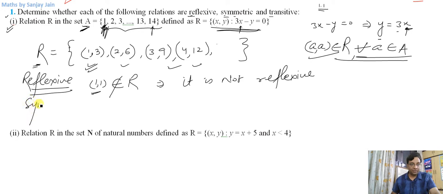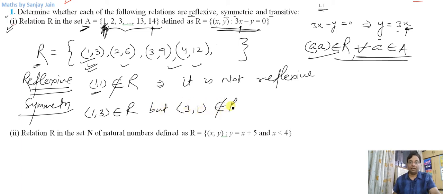What about symmetry? You see (1, 3) is present in relation R, or (1, 3) belongs to R, but (3, 1) doesn't belong to R, hence I can say it is not symmetric. Okay. What about transitive? Is it transitive?